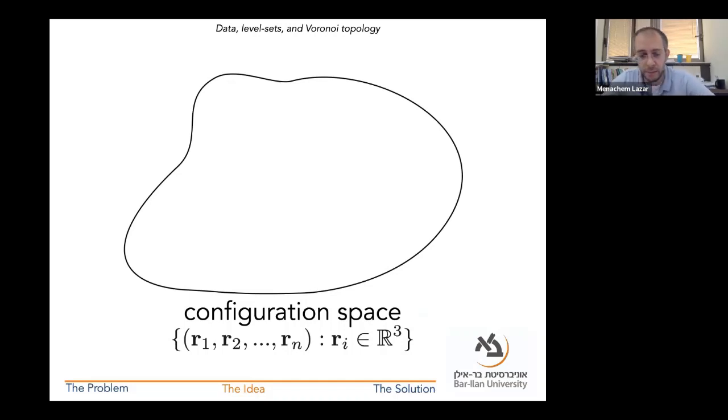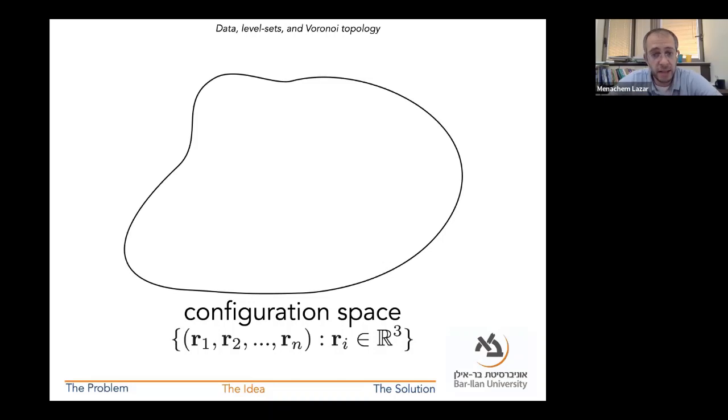I left this as an ordered list, but maybe we don't really care about the order of the n nearest neighbors, so we'll mod out by the permutations, giving some sort of quotient space. So the space might be a little more complicated, but the idea is we have this high-dimensional space, more or less 2 times n or 3 times n dimensions. So it could be 200 or 300 dimensions, depending on how many nearest neighbors we look at.